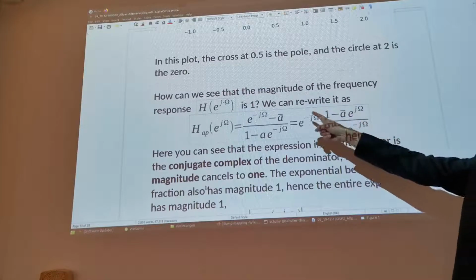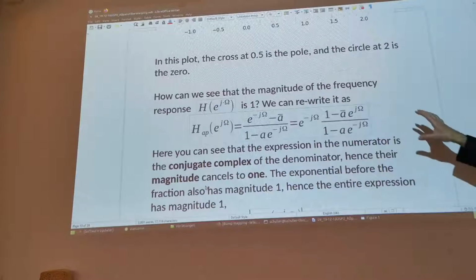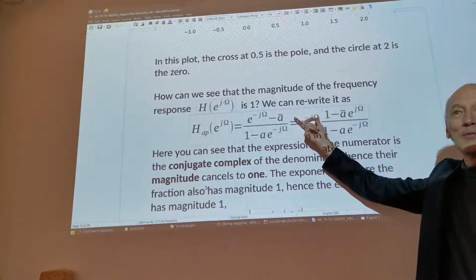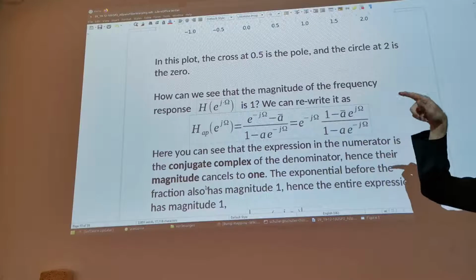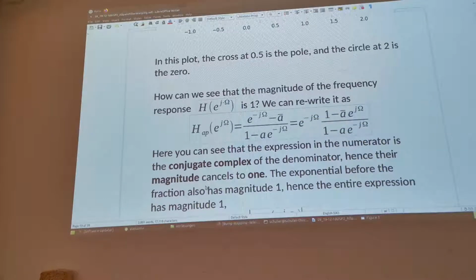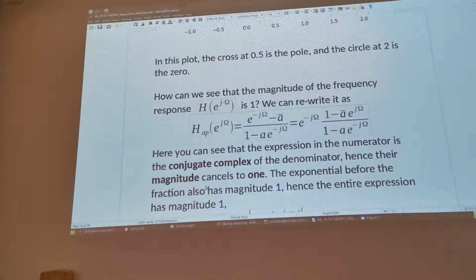Can you see that? It's just factored out. And then when we take the magnitude, what's the magnitude of this one? The magnitude of this first factor is 1, because it's always on the unit circle. It's just a pointer on the unit circle. This is 1. What about this one here? What is the magnitude of this expression? It's also 1. Why is it also 1? Because we have a complex conjugate and A, so they have the same magnitude.